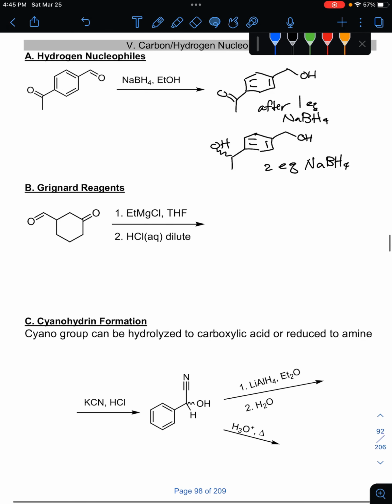And that works kind of the same way whether it's a hydrogen nucleophile or a carbon nucleophile, which is what Grignard reagents are.